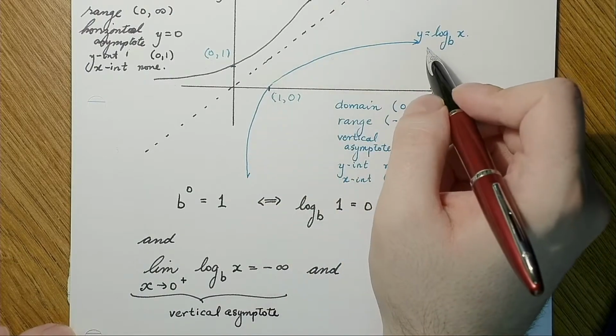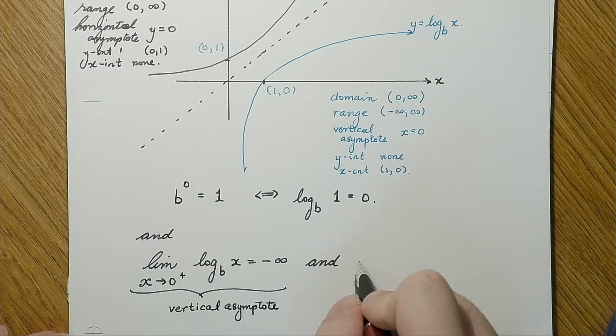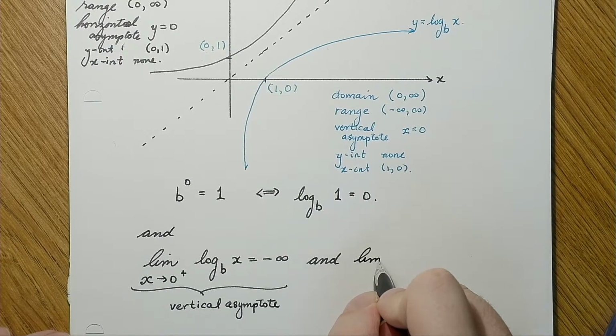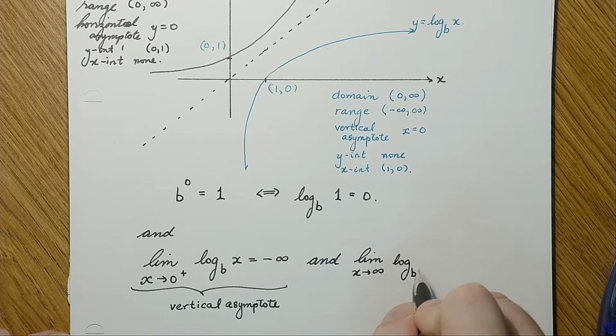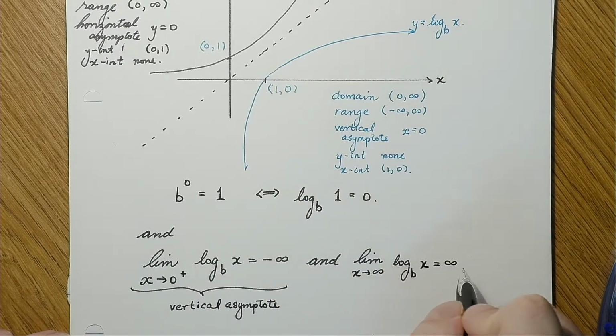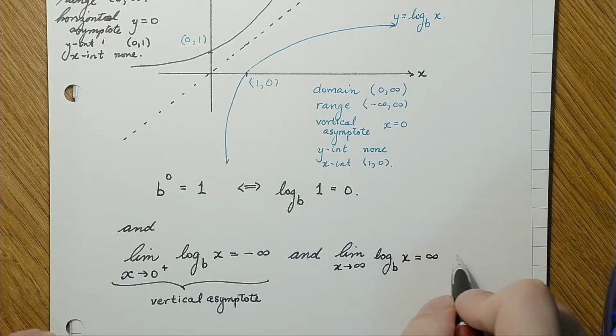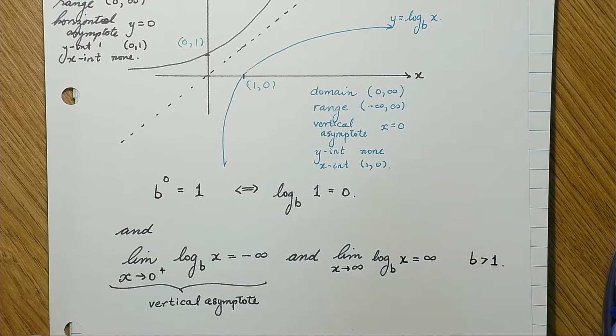And we can also look as x goes to positive infinity to see what kind of behavior it has. And it keeps getting bigger and bigger. So it's equal to infinity, and this is for positive bases. Actually, it's for b greater than 1. Okay.